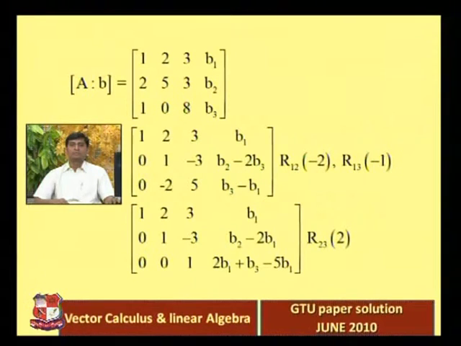The third row becomes 0, minus 2 plus 2 is 0, 5 minus 3 into 2 is minus 1, and then 2 b1 plus b3 minus 5 b1.